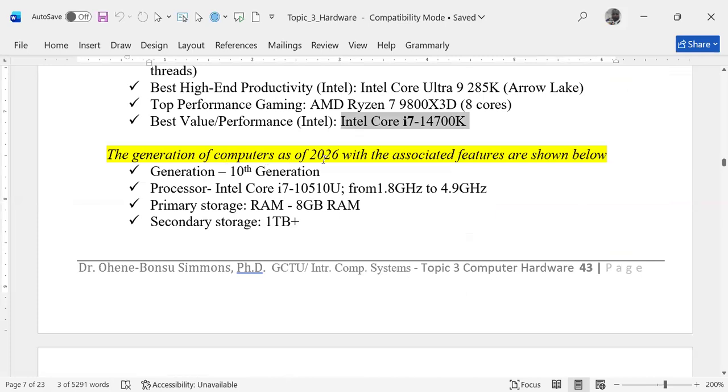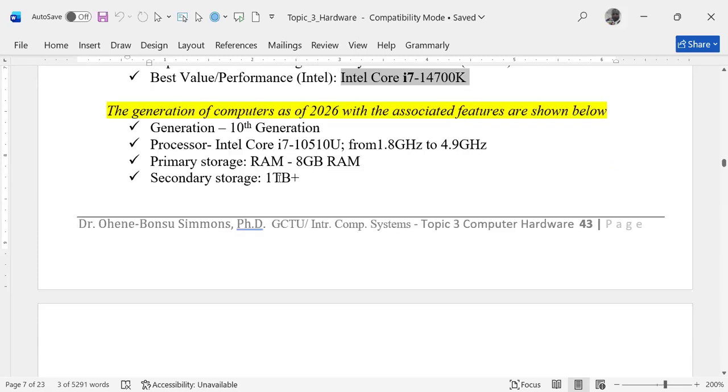Generation of computer systems, as of 2026, the associated features are shown. At this stage, we use what is called the term generation. We have gone through several generations, but the generation mentioned in this contemporary world is shown here, and the processor is there. The memory, primary storage memory size, is measured in this. Secondary storage, we have terabyte, and then the processor is this.